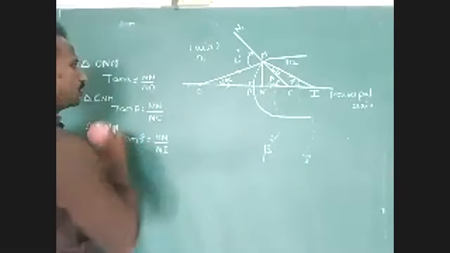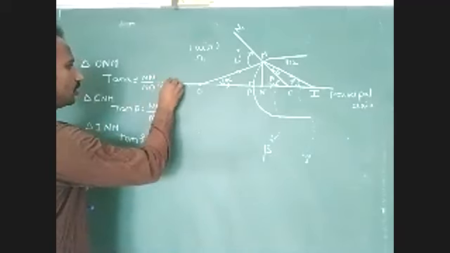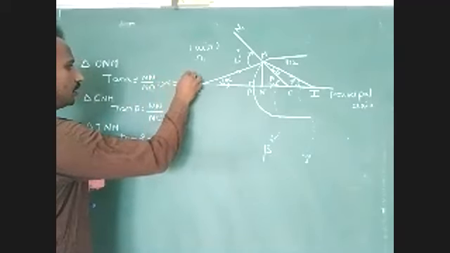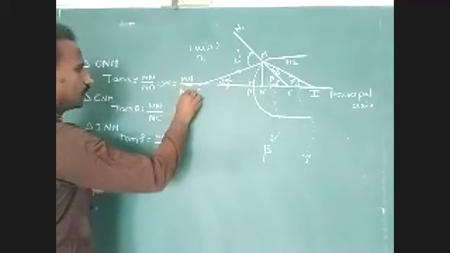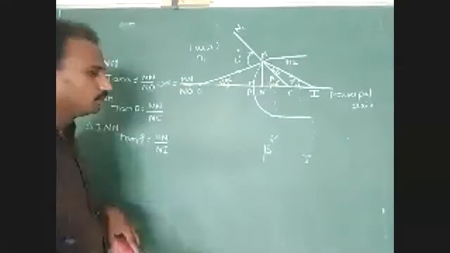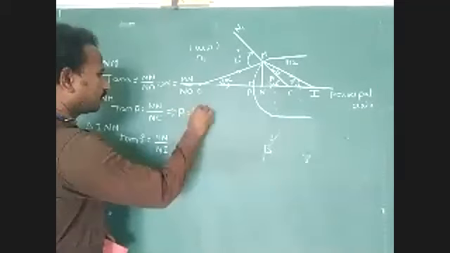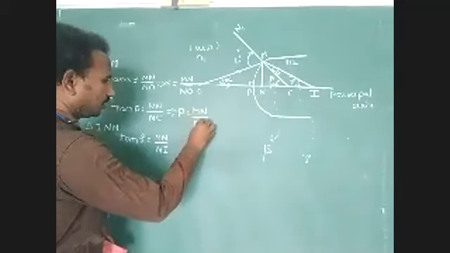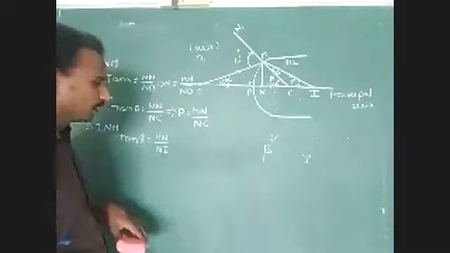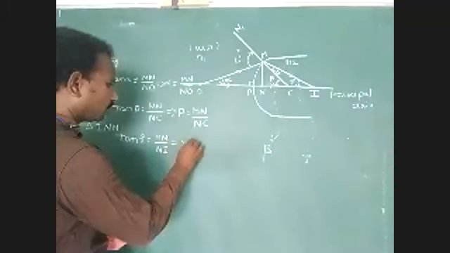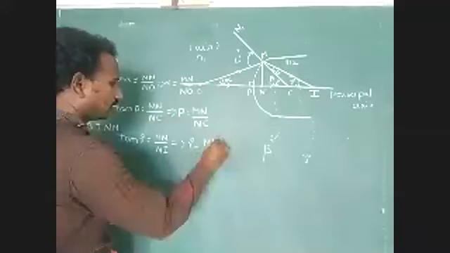Here, alpha equals MN divided by NO, beta equals MN divided by NC, and gamma equals MN divided by NI.